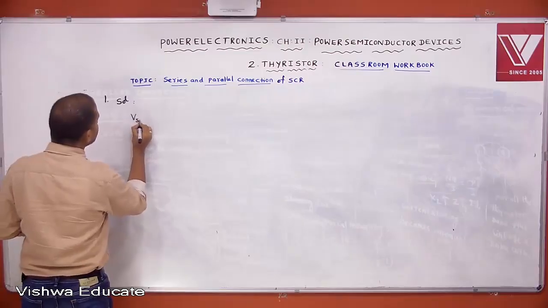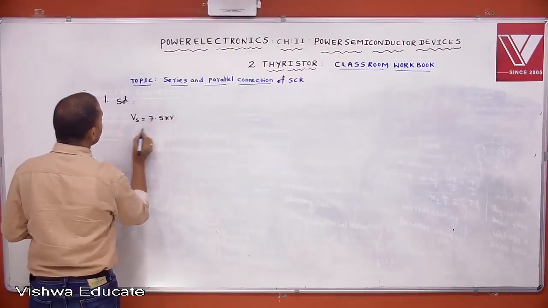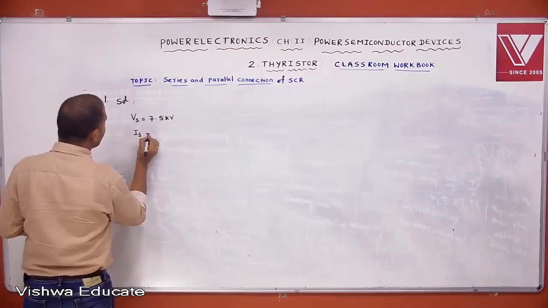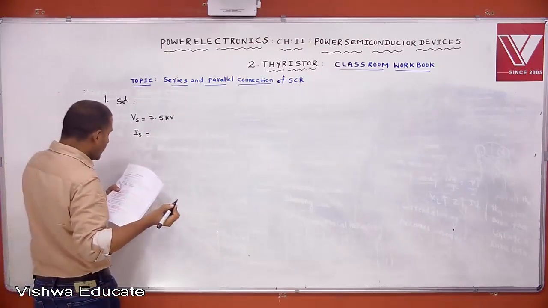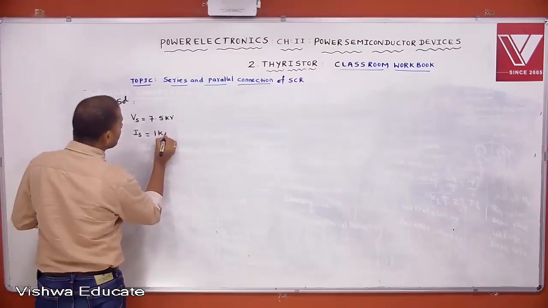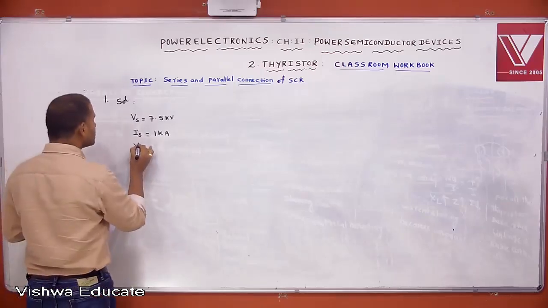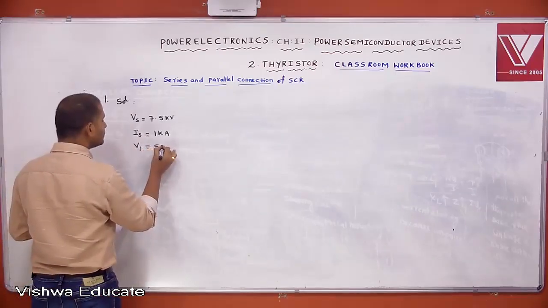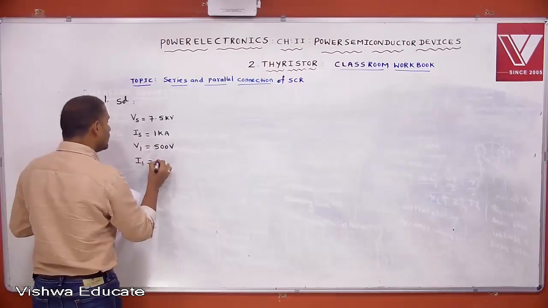String voltage is given as 7.5 kV. String current is given as 1 kiloampere. Individual voltage rating is given as 500 volts. Individual current rating is given as 75 amperes.